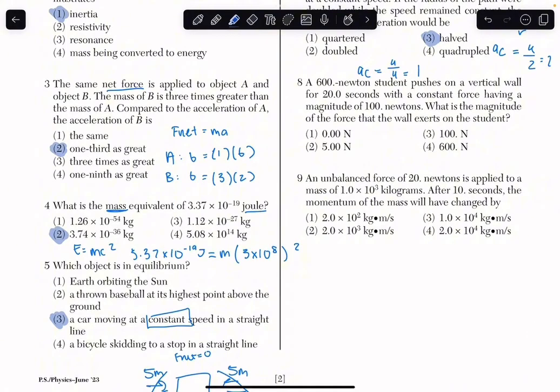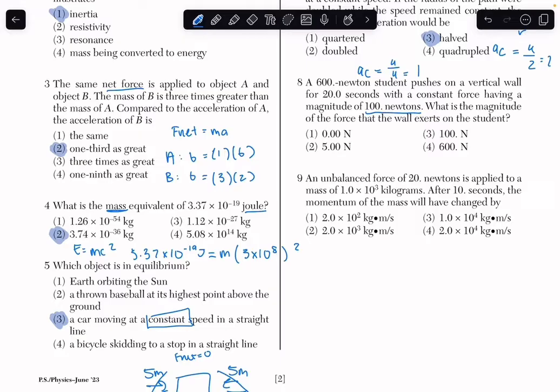8. A 600 Newton student pushes on a vertical wall for 20 seconds with a constant force having a magnitude of 100 newtons. What is the magnitude of the force that the wall exerts on the student? So this is just Newton's law. Don't think about all the different numbers here. They're trying to trick you. Just remember that the student is pushing the wall with a force of 100 newtons.